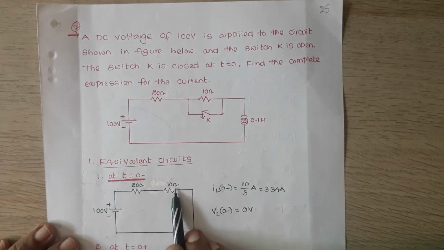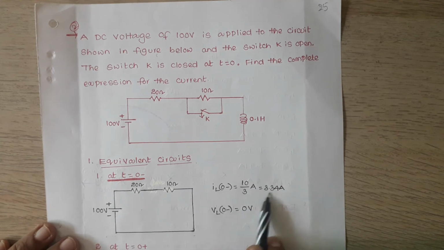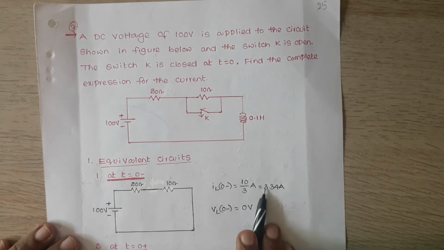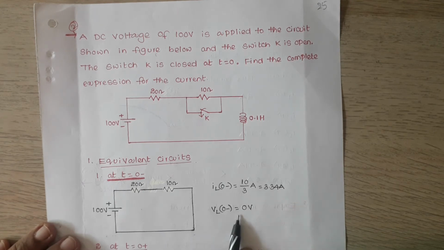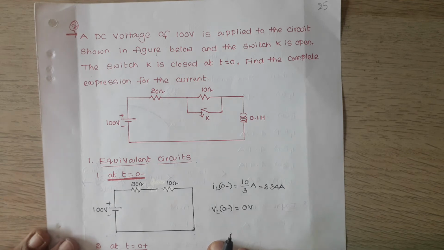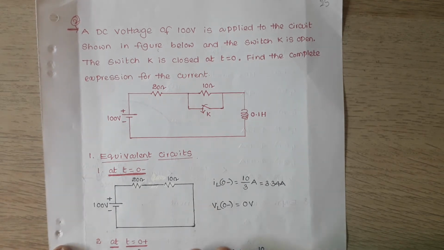It is 100 by 20 plus 10, so 100 by 30, 10 by 3, that is 3.34 amperes. So the current in the inductor at t equal to 0 minus is 3.34 amperes. As it is a short circuit, the voltage across the inductor is 0 volts. The important values are the current in the inductor and the voltage across the inductor.